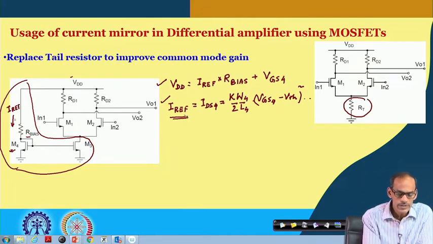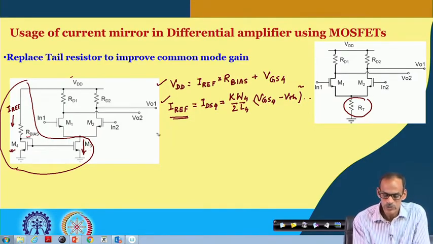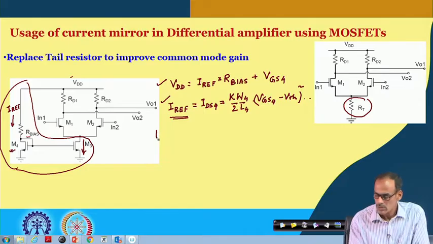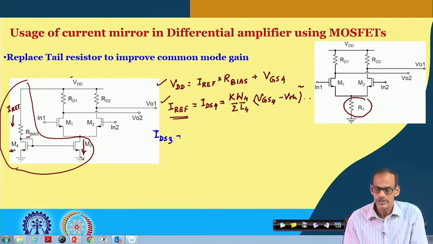So, once you get this reference current, from that you can find what will be the corresponding current flowing through transistor 3. So, in fact, that gives us IDS 3, or tail transistor current.